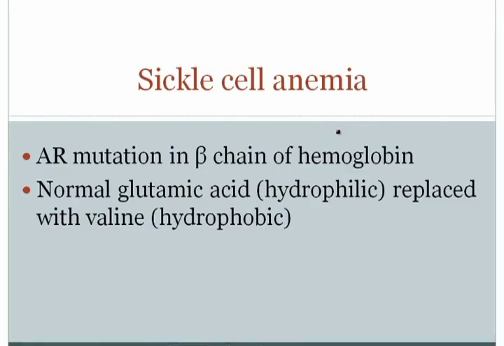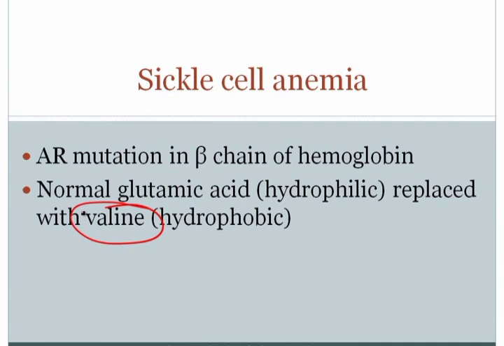The next of the normocytic anemias in which there is predominantly extravascular hemolysis is sickle cell anemia. In sickle cell anemia, the patients have an autosomal recessive mutation in the beta chain of hemoglobin, such that the normal glutamic acid, which is hydrophilic, gets replaced with valine, which is hydrophobic.